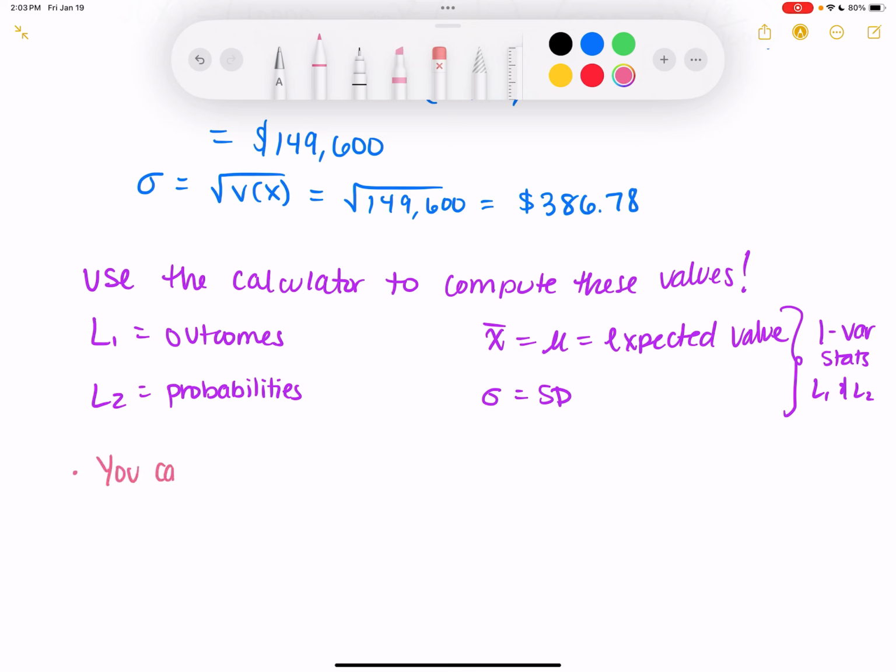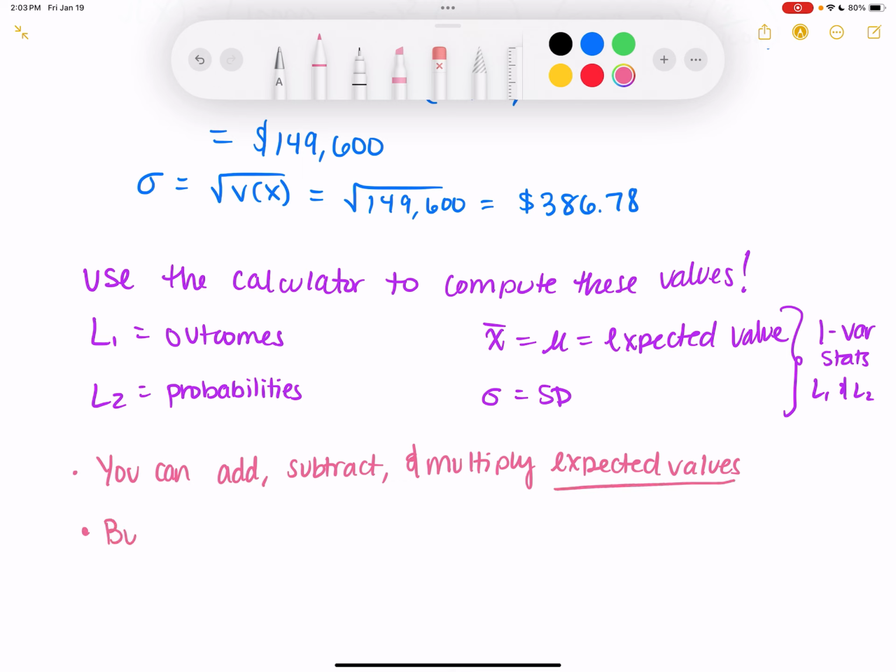You can add, subtract, and multiply expected values. But you only add variance, not standard deviations.